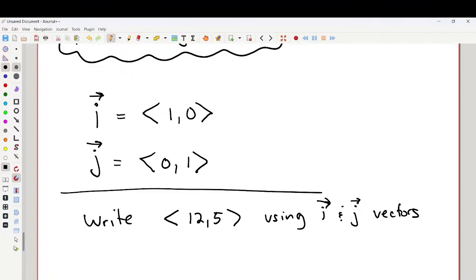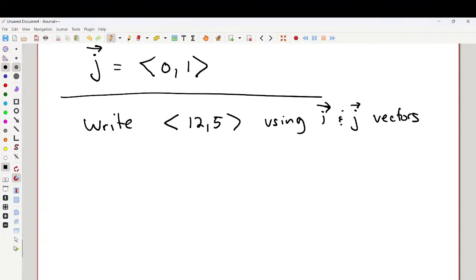Okay, so wicked easy. Write this earthquake using i and j vectors. So this earthquake took a house and shifted it 12 units east and 5 units north.